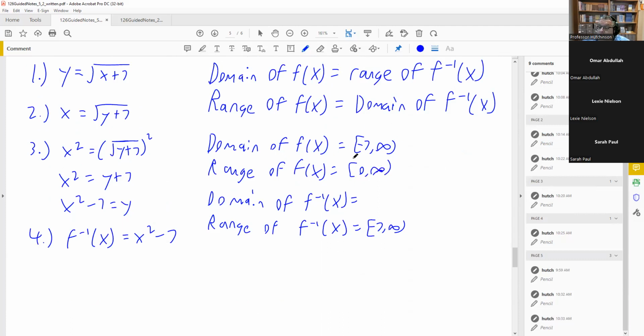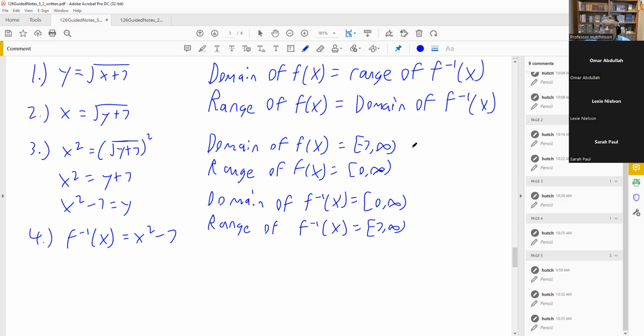The range of the original one is equal to the domain of the inverse. So that means now I know that the domain of the inverse is also 0 to infinity.